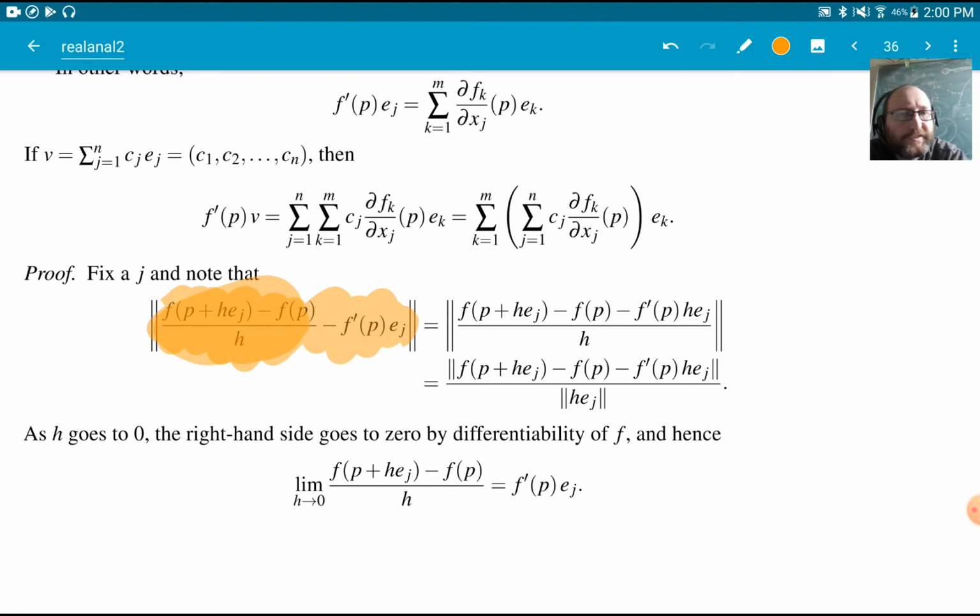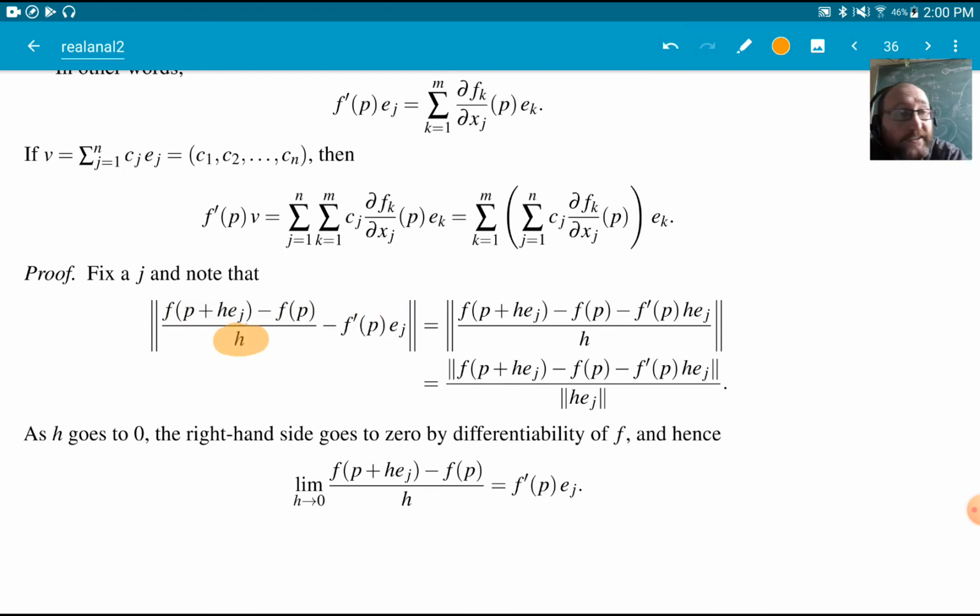We wanted it to go to something, and I claim that this is the thing that we wanted to go to. So notice these are vectors in, at least the top here, this is a vector in Rm. This is also a vector in Rm. This is an m by n matrix. This is a vector in Rn, and so this is a vector in Rm. Hopefully I'm getting all of these letters correct.